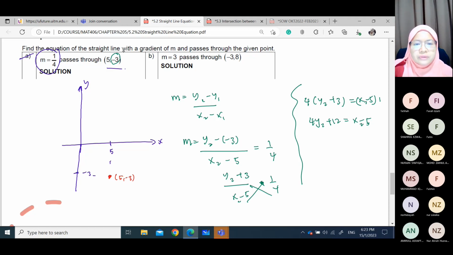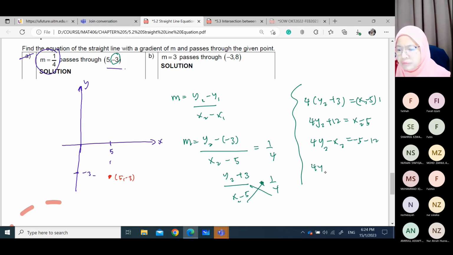Alright, find the equation of straight line with the gradient that passes through the given point. Alright, so now we have this one, 4y2 minus x2 equivalent with negative 5 minus 12.